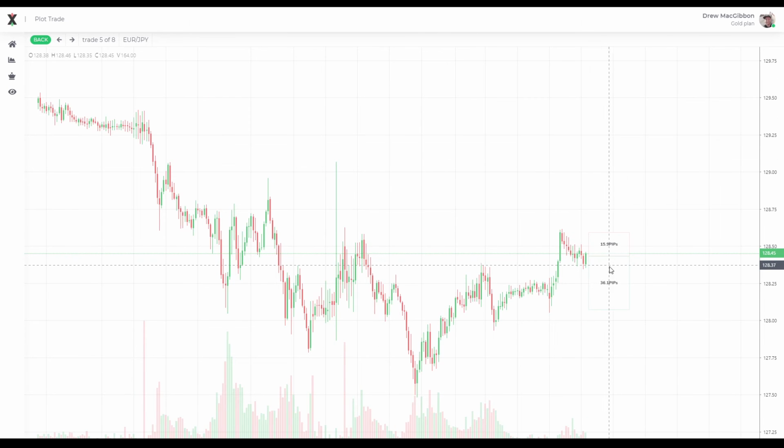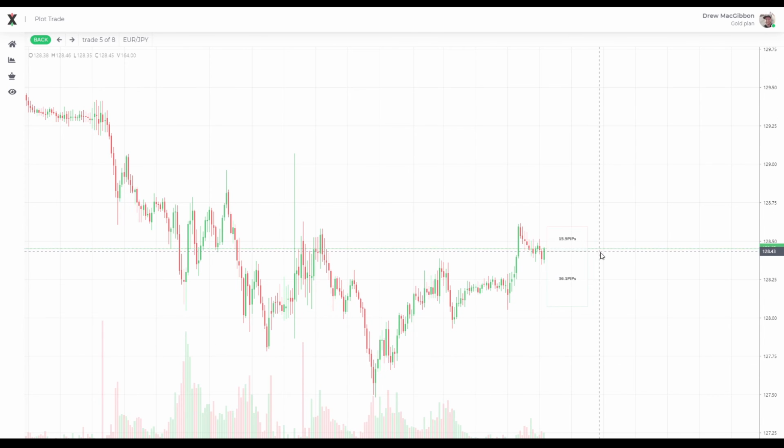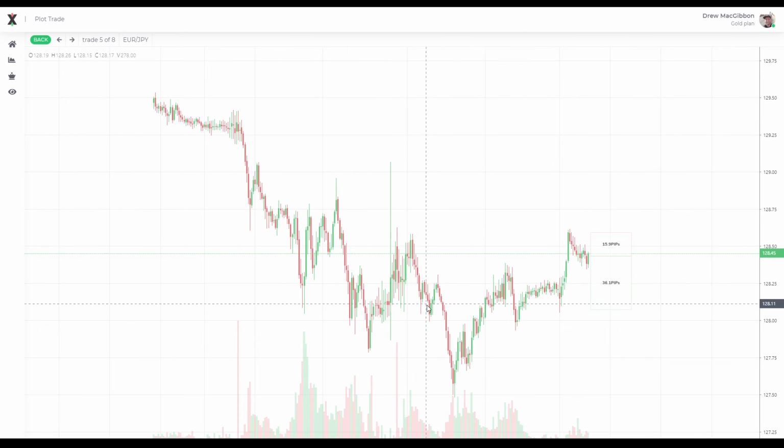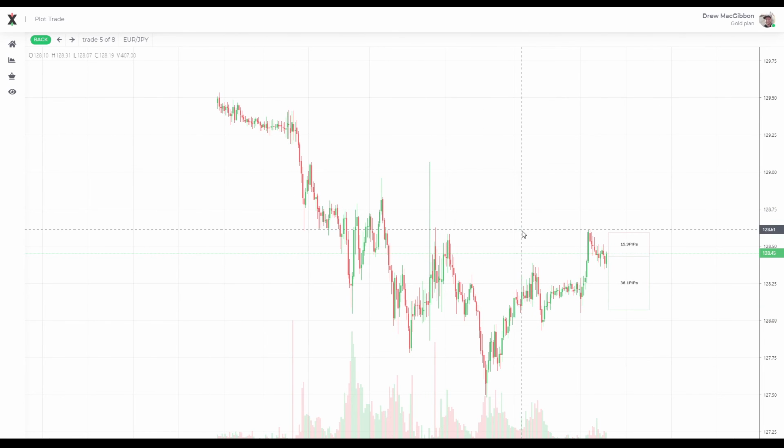So over here, we're wanting to head back down. We've got about a 15 pip leeway, 36, so that's about a 1 to 2 risk reward. Again, I probably would have liked the stop loss a little bit higher, but every couple of pips that you add reduces your risk to reward, so we're going to trust the algorithm with this one.